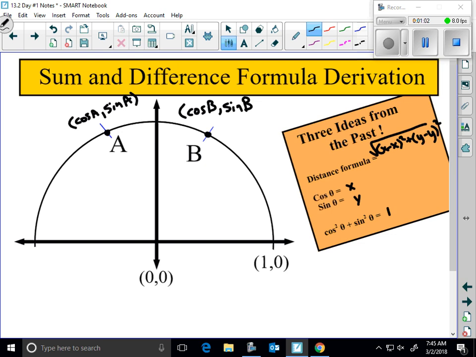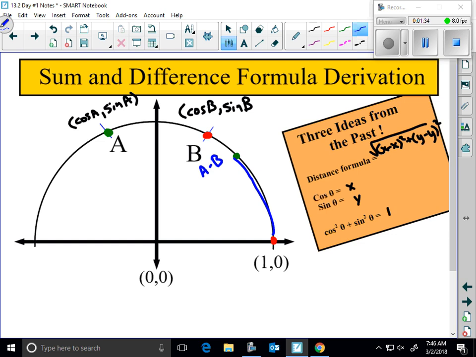And what I want to show you is if I took these 2 points, A and B, let's call this A, and let's call this B, and I shifted them along the edge of the circle, this angle right here, we would call A minus B. That would be the angle between A and B, shifted all the way down to the x-axis.